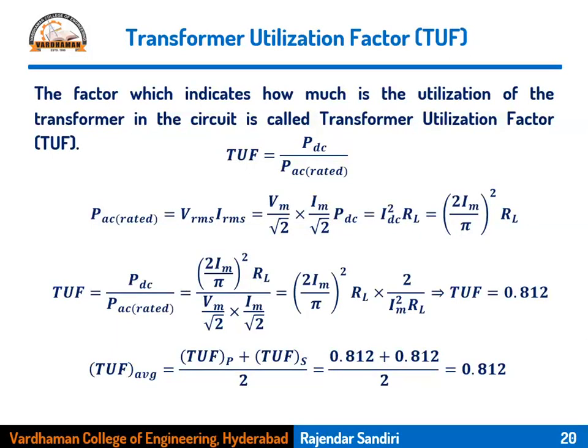So the transformer utilization factor of this bridge rectifier is 0.812, compared with 0.693 for the full wave rectifier and 0.287 for the half wave rectifier. The disadvantage of those two circuits, low transformer utilization factor, has now been eliminated by getting 0.812, which is closer to 1. That is one advantage we have overcome by this bridge rectifier circuit.